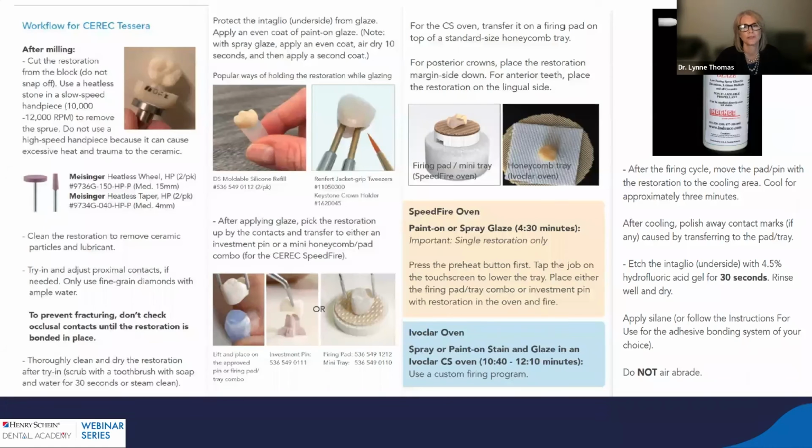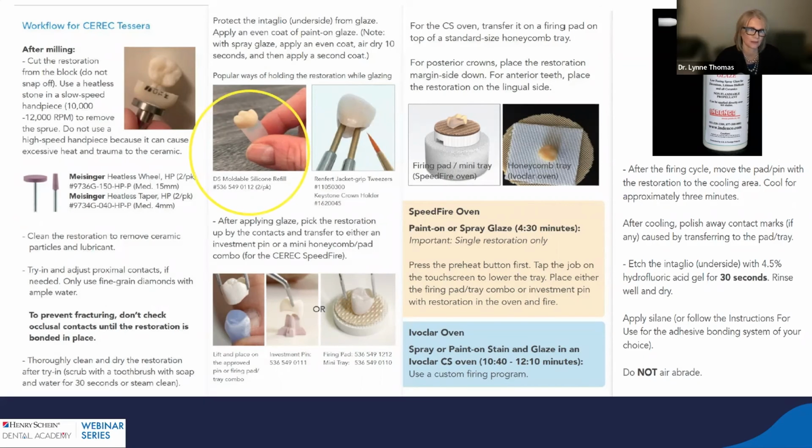So this is what you're going to be looking at as far as processing goes for CEREC Tessera. So when it comes off of the block, you can separate it from the sprue if it didn't come off while milling. I like to use the heatless stone from Meisinger to smooth out the sprue area. And then I want to make sure that I'm protecting the intaglio surface.